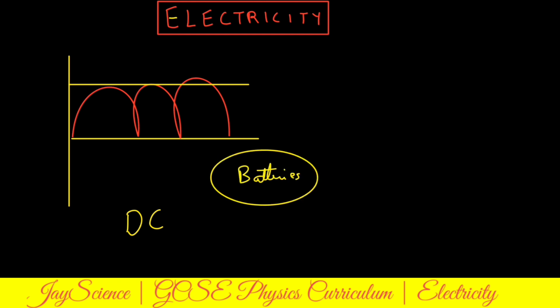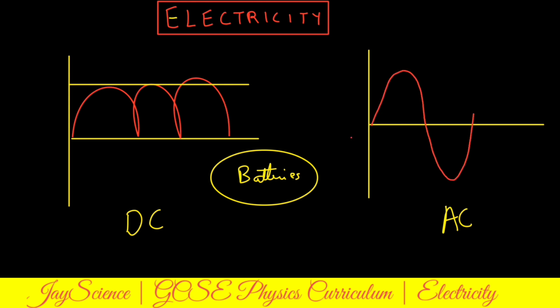Batteries are DC. And for AC, that works differently. For AC, the charge carriers move in two directions. They're bidirectional. That means they move forwards and backwards. Something like this. That's for AC.